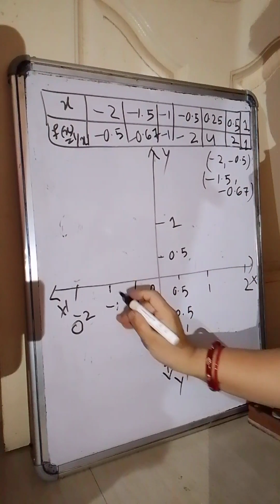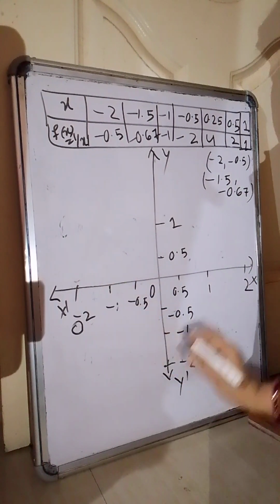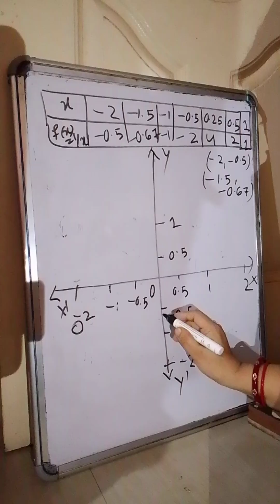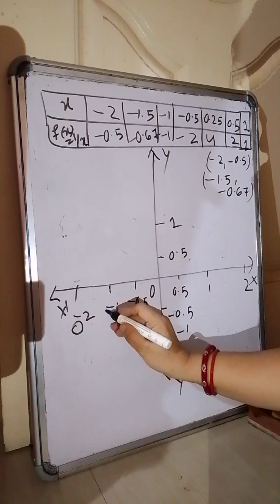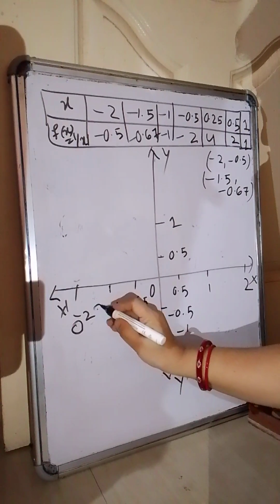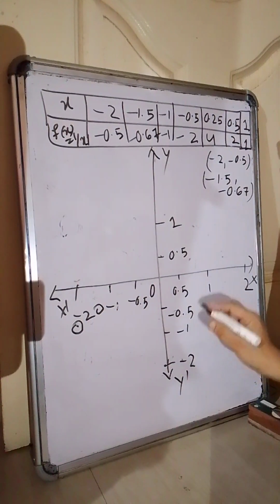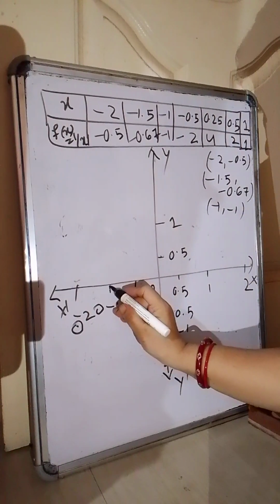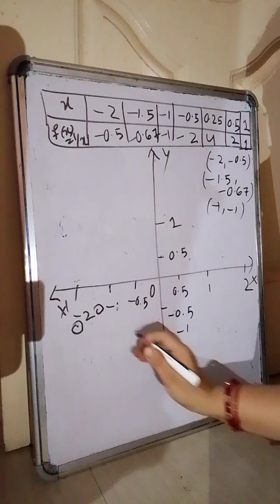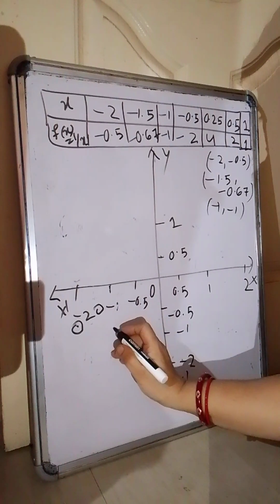When x is minus 1.5, y is minus 0.67, means in between, say this point. Now when x is minus 1, y is minus 1. This is minus 1 and here it is minus 1.